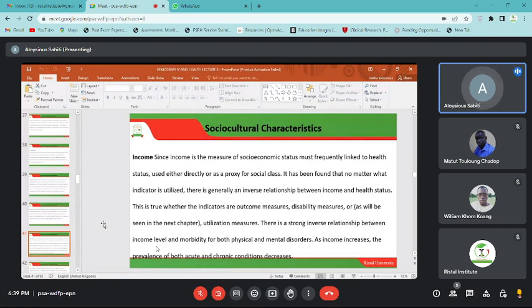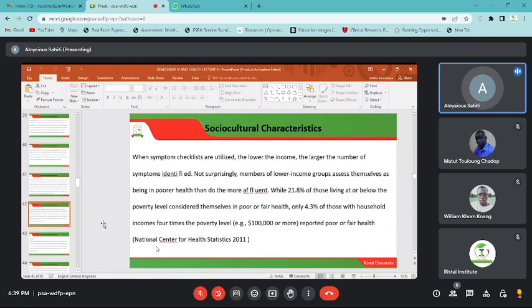This is true whether the indicators are outcome measures, disability measures, or utilization measures. There is a strong inverse relationship between income level and morbidity for both physical and mental disorders. As income increases, the prevalence of both acute and chronic conditions decreases. When symptom checklists are utilized, the lower the income, the larger the number of symptoms identified.